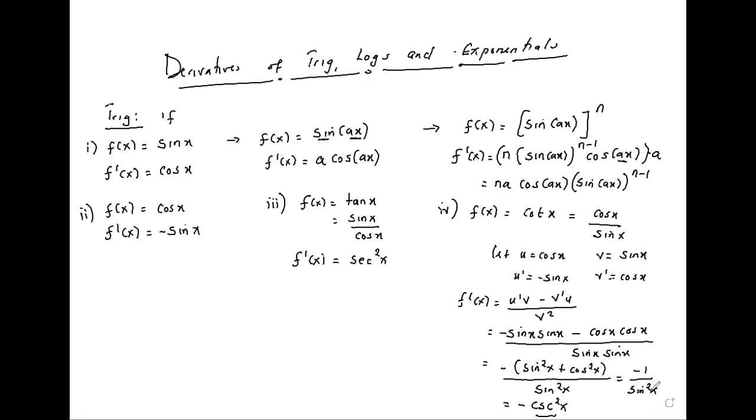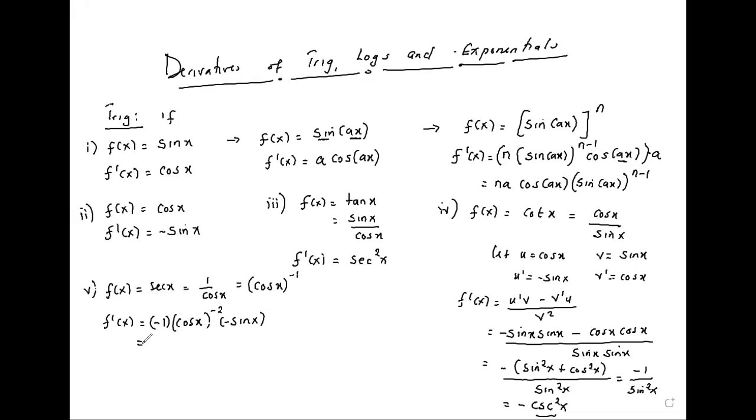What about for sec? So if f of x is equal to sec x, well, we understand sec is 1 over cos, which if you want, you can write as cos of x to the power negative 1. So if we differentiate, we are dropping the power using chain rule, and then multiply by cos x, and then subtract the 1, we get negative 2. Then differentiate cos x, we get negative sin x. What are we getting?